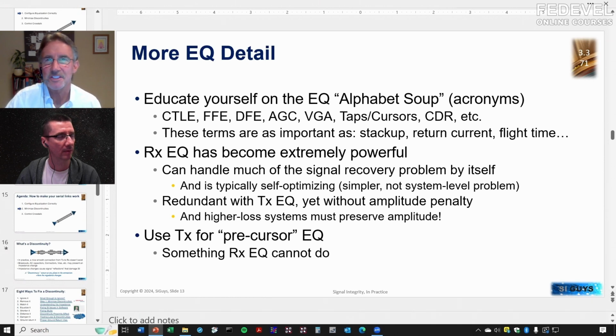So this is saying, you may not feel very PCB-ish, you may not feel very signal integrity-ish, but start to learn what these terminologies are. This is just as important as stack ups and return currents and the stuff that we've traditionally, in what I'm starting to call old school SI, these are mostly givens now.